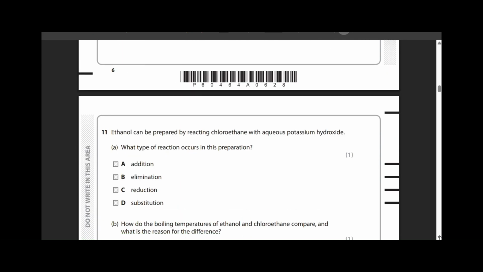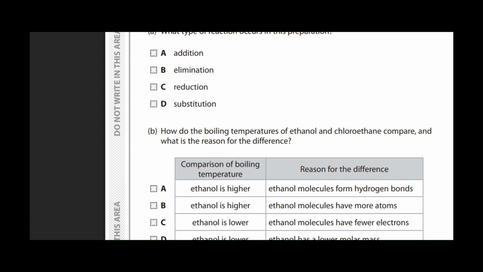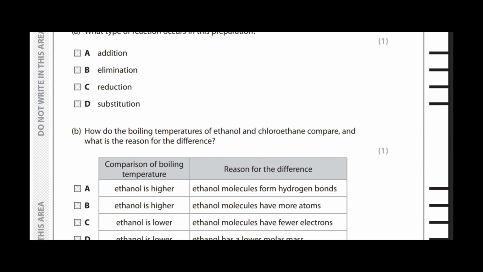Now, ethanol can be prepared by reacting chloroethane with aqueous potassium hydroxide. You know, because you are using aqueous. So, question number 11, ethanol can be prepared by reacting chloroethane with aqueous potassium hydroxide. What type of reaction occurs in this preparation? So, this reaction is basically a substitution because the OH ion will replace the chlorine.